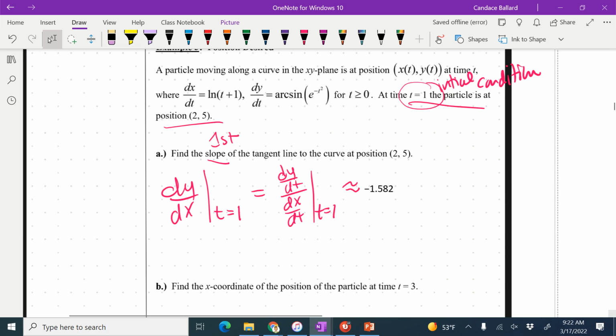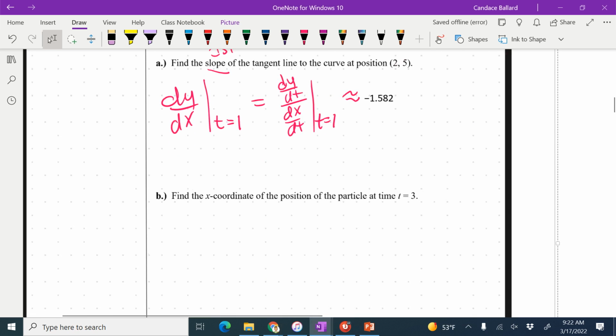So the next thing I have to do is I have to get the position of the particle. I'm not in the right spot here. So actually read B to yourself really quick. And I want you to think about what you would do with it. Even if it wasn't parametric, what would we do?